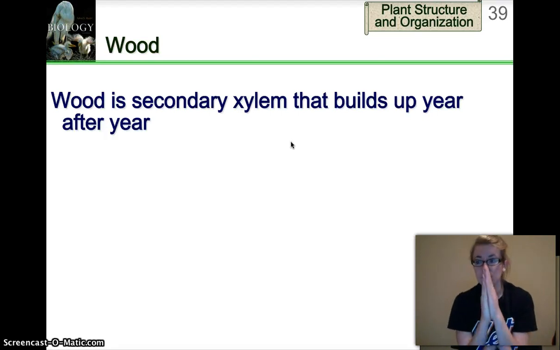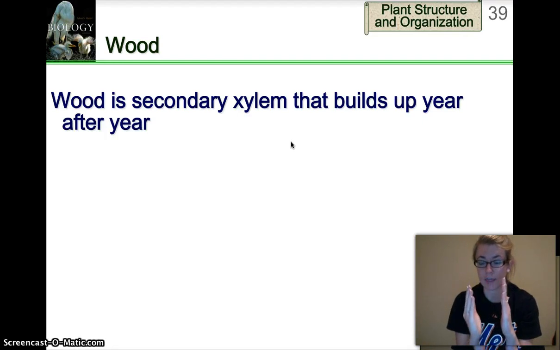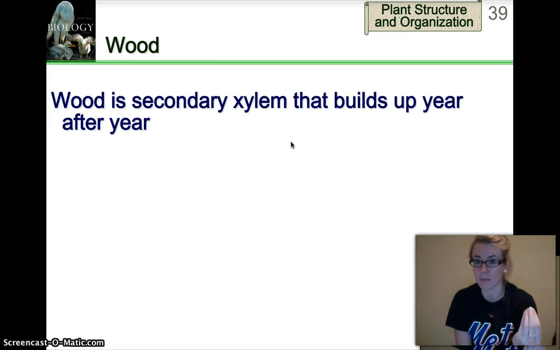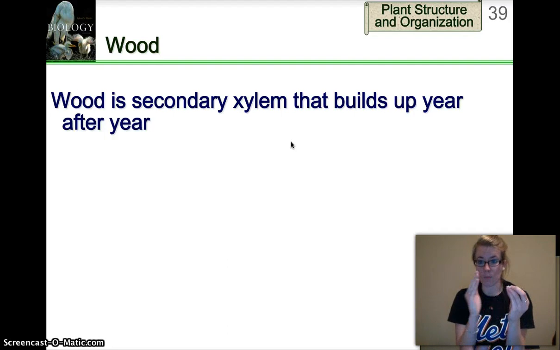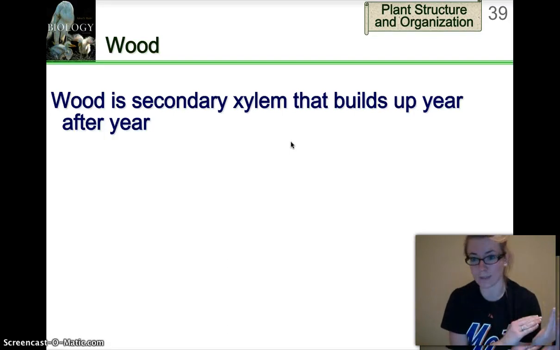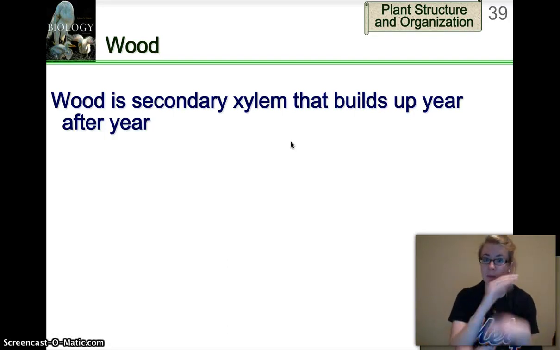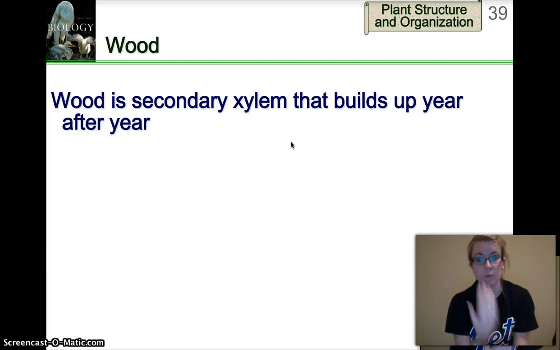They're tough and they stay there. Year after year, the plant keeps making new ones and stops using the old ones. But the old ones stay because they're really thickened with lignin. So we just keep making more and more, and we're not using the old ones from years before. It builds up year after year, and that's what the wood of a tree stem is.